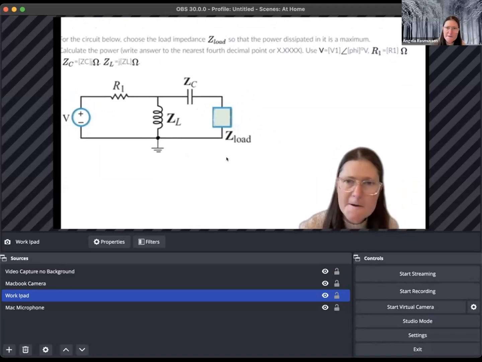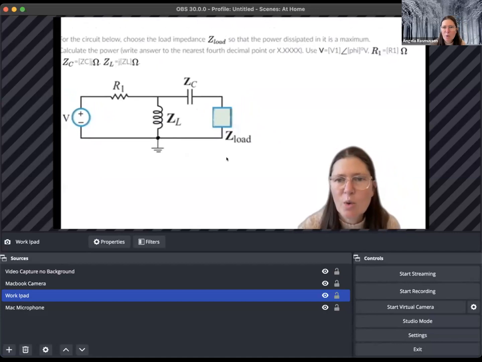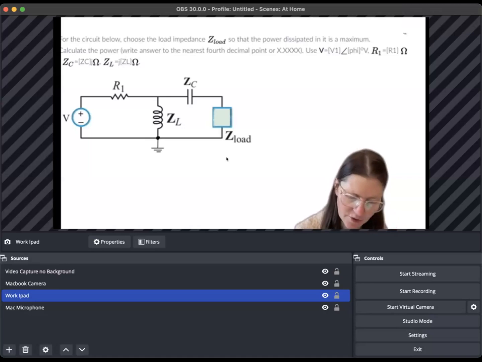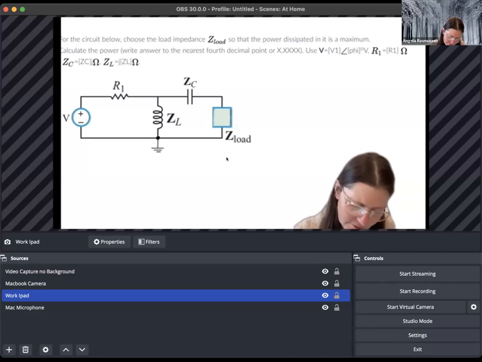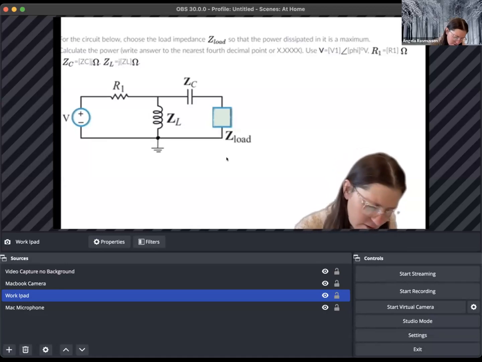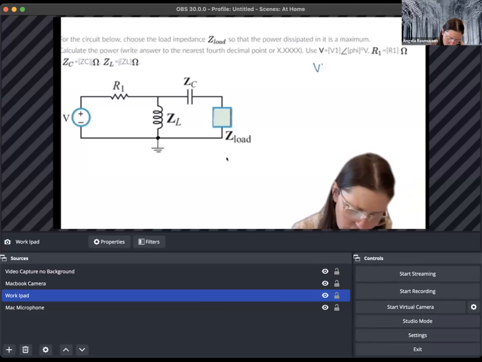So what that means is it's just a phasor of the V, so it's already been changed into that S domain. So you don't have to do anything necessarily. The form it looks like is V1 e to the j.